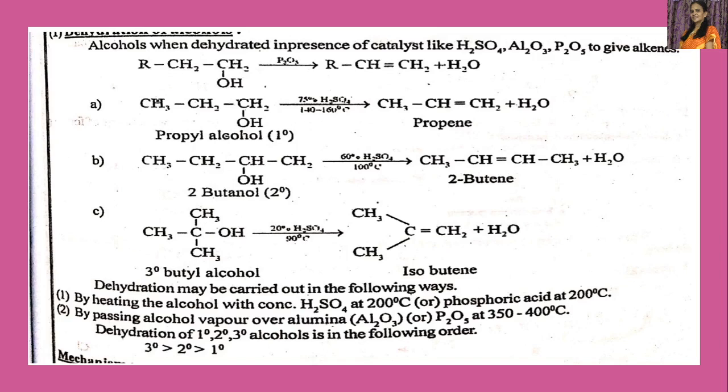CH3CH2CHOHCH3: here H from this carbon and OH from this carbon are removed. Then we get 2-butene, CH3CH=CHCH3.